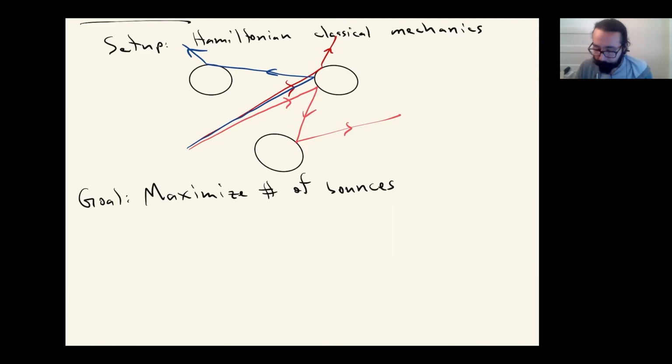But yeah, so if our goal is to maximize the number of bounces we achieve with a particular pinball, then this is already a hint that periodic orbits are interesting.